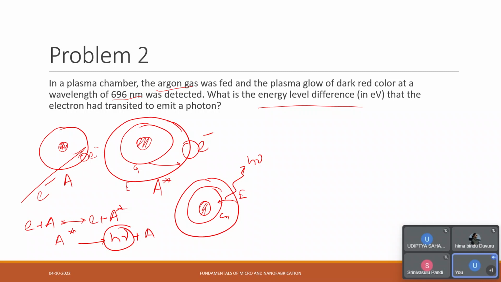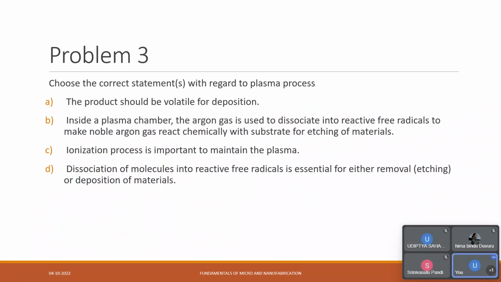So essentially the energy is hc by lambda, yeah. This is the energy, and for simplification this hc you can take as 1240 electron volt nanometer. So this is something that you can calculate and get.